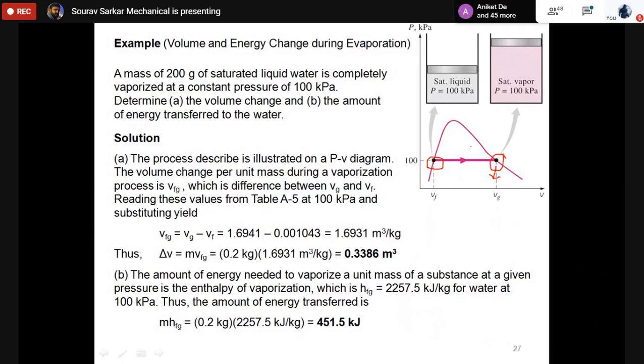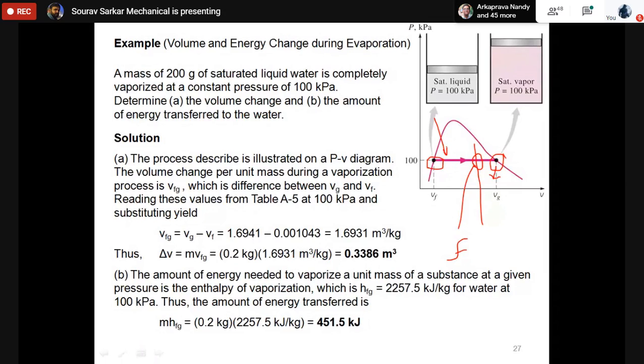It may happen that only 75% of the liquid is converted into vapor. If 75% liquid is converted into vapor, what will be its final volume? What will be the energy that is required to support this phase change?